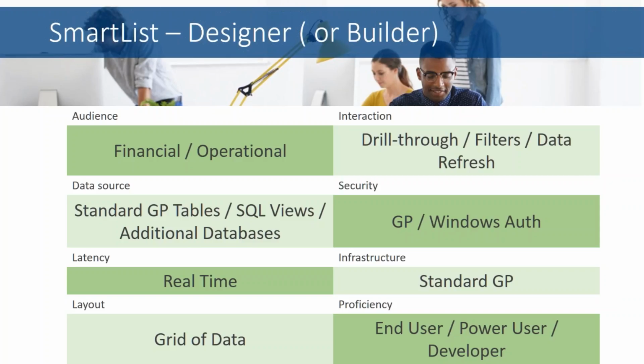If you're on an earlier version of GP, it would be a third-party product called Smart List Builder. And the visual impact of this report, the layout is going to be a grid of data. So this report's not going to be great if you want a subtotal, and the main purpose of Smart List is primarily exporting to Excel.